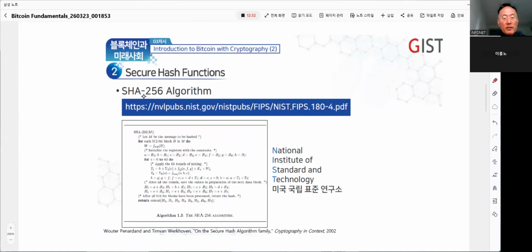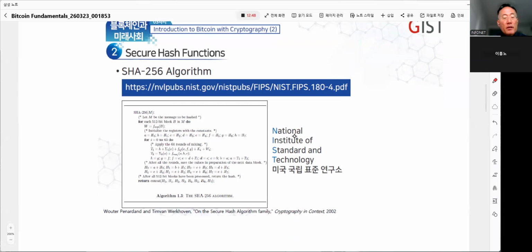And then there is the SHA-256 algorithm. You can take a look at this NIST, National Institute of Standards and Technology, document right here, and then you can take a look at more. As you can see from this file, here is the input, and it returns a concatenated output, which is 256 bits.